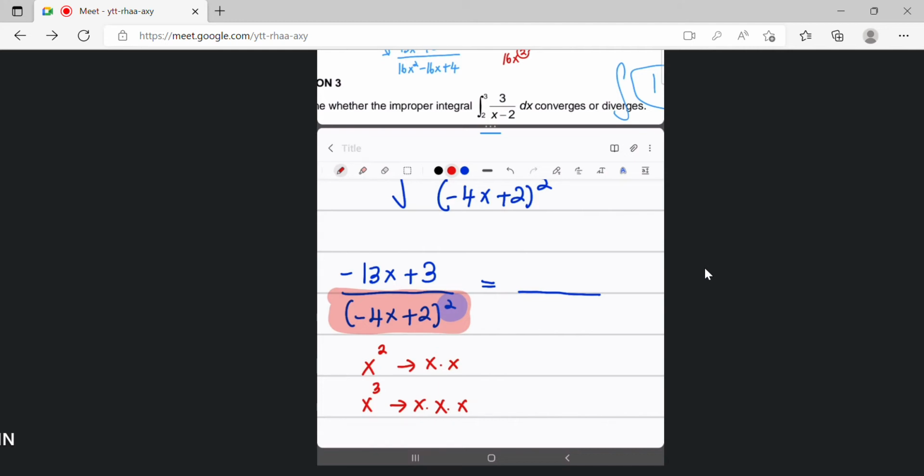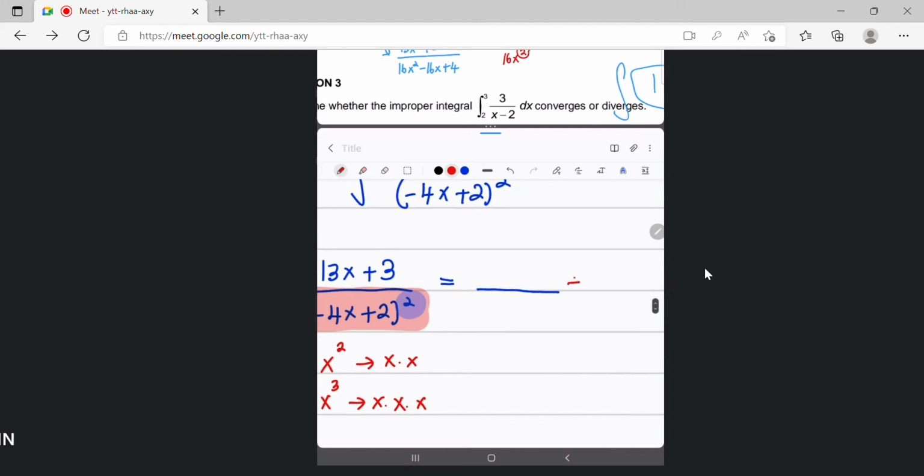Okay, so the next question adalah tengok kepada power of bracket. Okay, power dekat outside the bracket. So for this case, we have the power of 2. Okay, bila power of 2, 2 kan? Lebih daripada 1 kan? So maksudnya dia akan ada, tak apalah pakai je lah pen merah ni. Tambah 1 lagi.